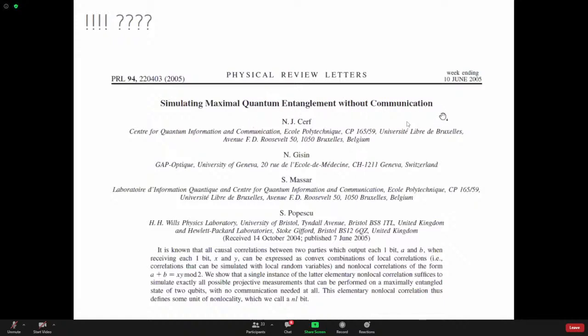This may sound surprising, because till now we were saying that communication is necessary to simulate the statistics of any Bell non-local correlation. And now here is a paper which says that the statistics generated from maximally entangled states can be simulated without communication. But let me elaborate.